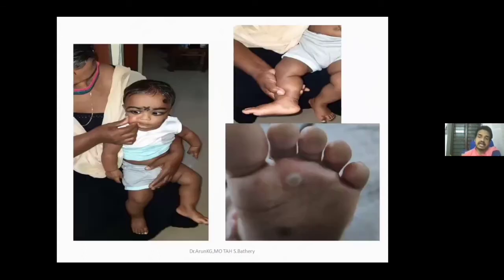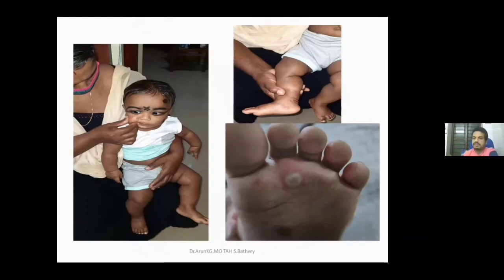In children, if a child comes to my OPD, usually in adults this will not affect the face and palm. It will affect the intertriginous area, the pubic area, the cubital fossa and so on.